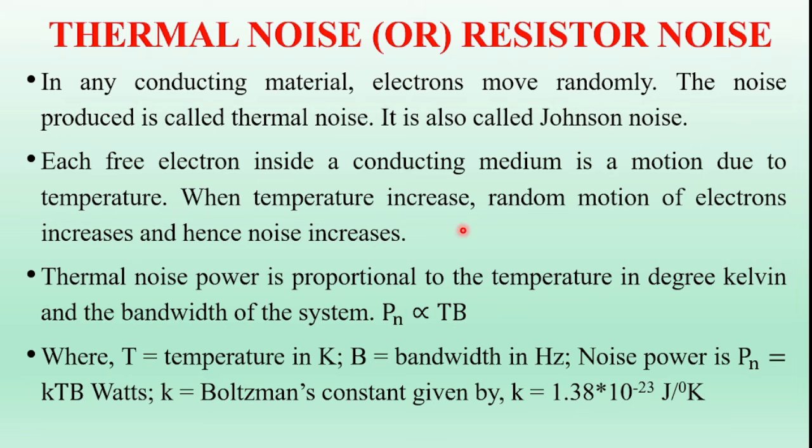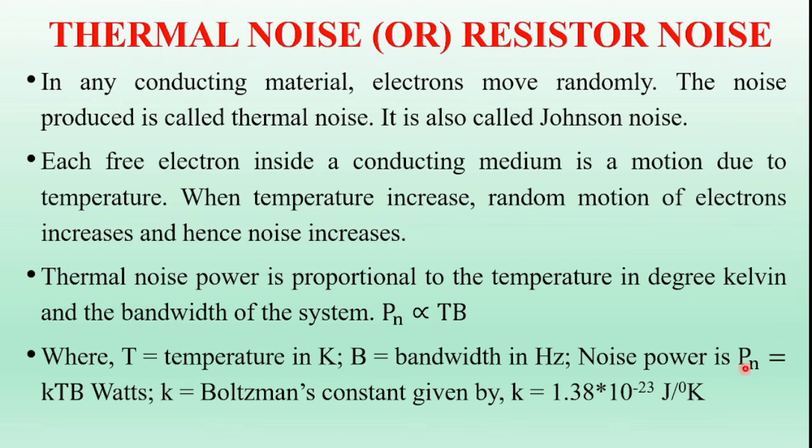The proportionality constant k is the Boltzmann constant, given by k equal to 1.38 into 10 to the power of minus 23 joule per degree Kelvin. Capital T is the temperature in Kelvin, and capital B is the bandwidth in hertz.